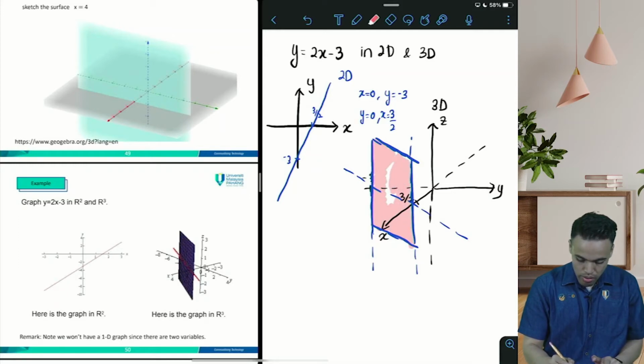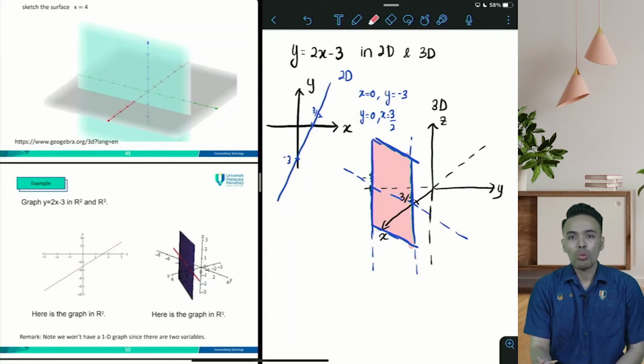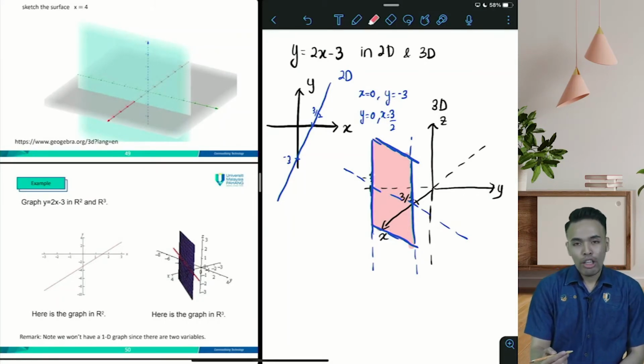So y is equal to 2x minus 3 will give you a plane in a three-dimensional coordinate system, and this plane will be traced along the variable z or z-axis since there is no variable z in the given equation, which means z is arbitrary, z can be any value. Alright, so this is how you sketch y is equal to 2x minus 3.